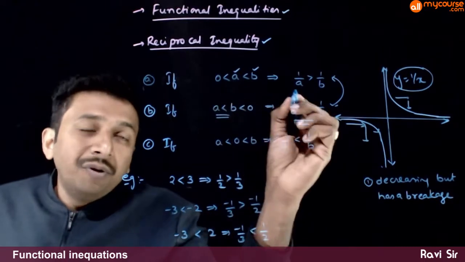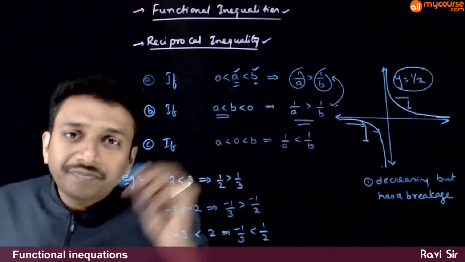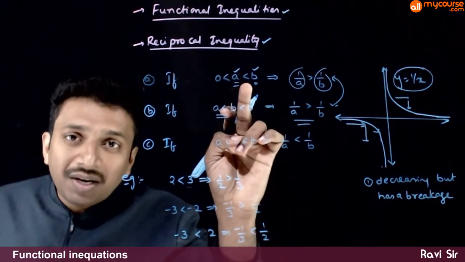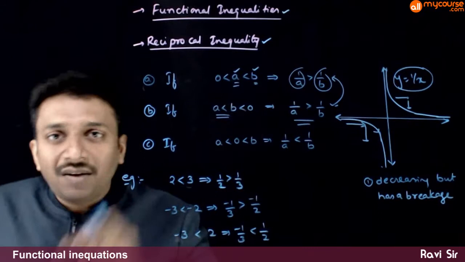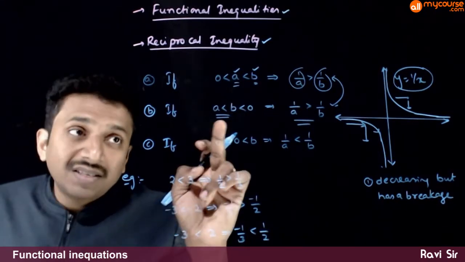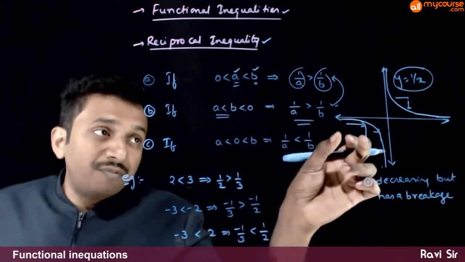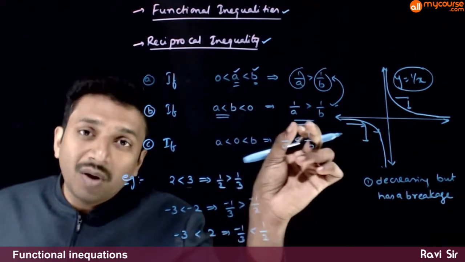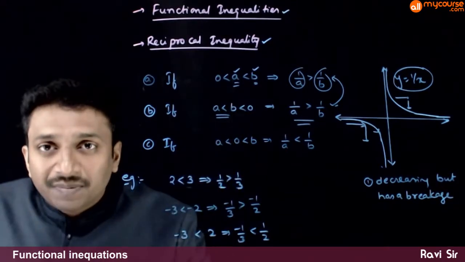So if you apply this function to some arguments, the sign of the inequality reverses. If a is less than b, 1 by a will be greater than 1 by b. And if both the numbers are negative, then also 1 by a will be greater than 1 by b. That is, the sign reverses.